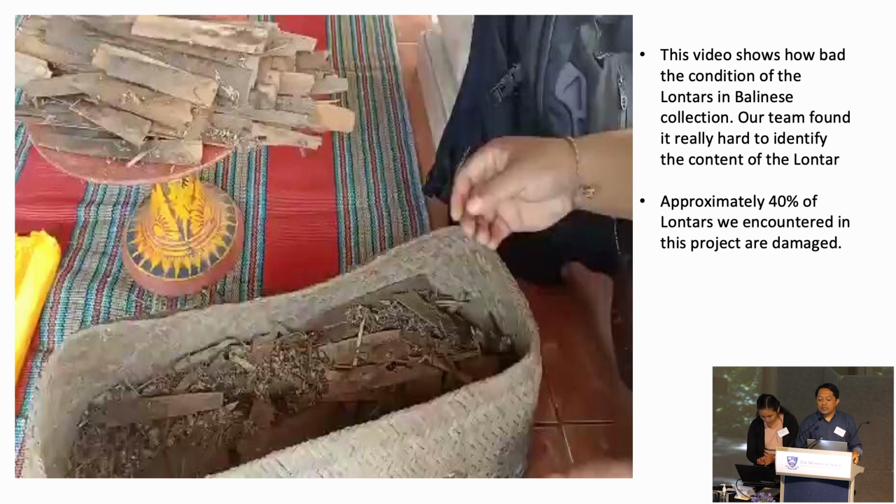So this is another challenge of this project: how you can read an incomplete manuscript. We just try to imagine what the text before this text is, and we need to compare with other manuscripts.